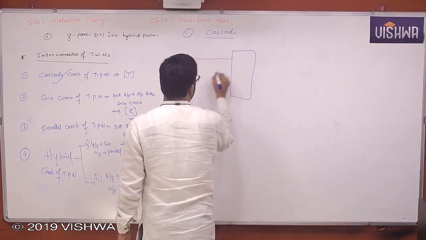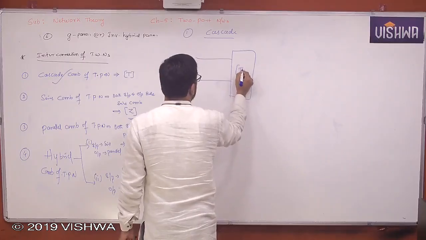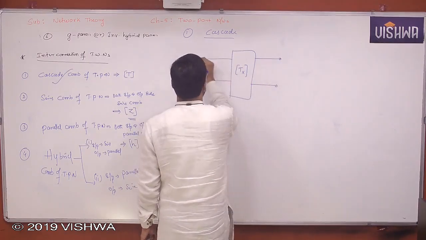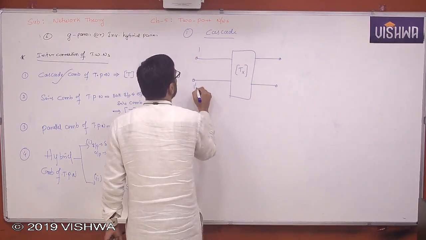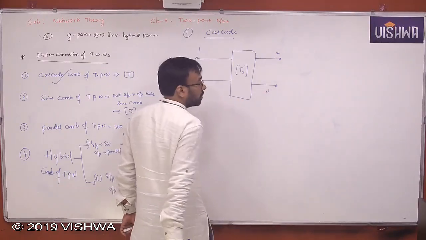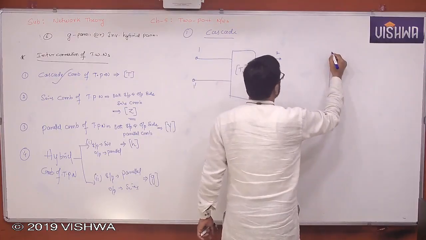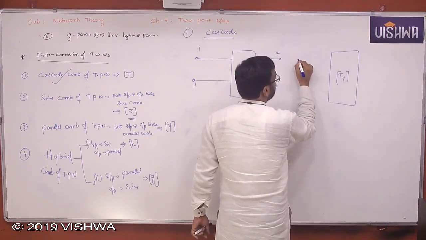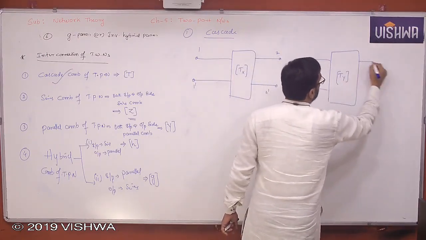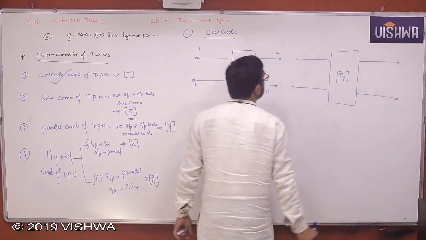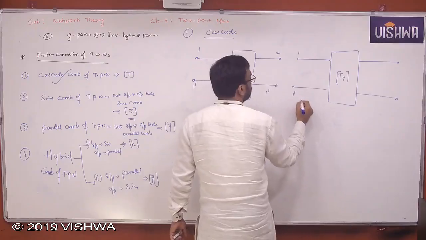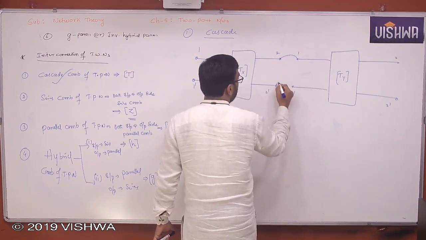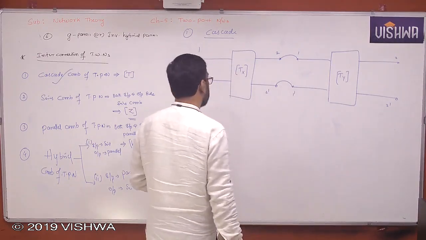Two two-port networks are said to be in cascade. This is TX, the first network, X network. This is TY. The output of the first two-port network is given as an input to the second two-port network.